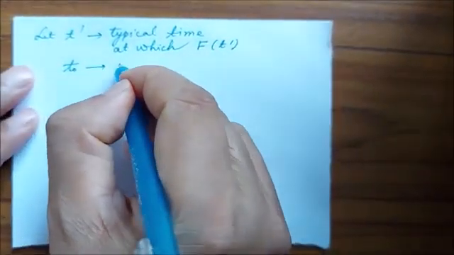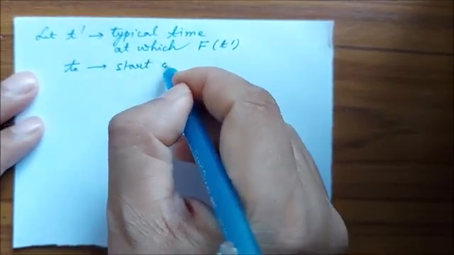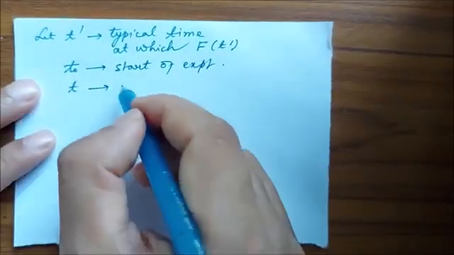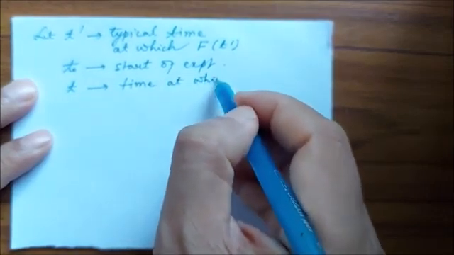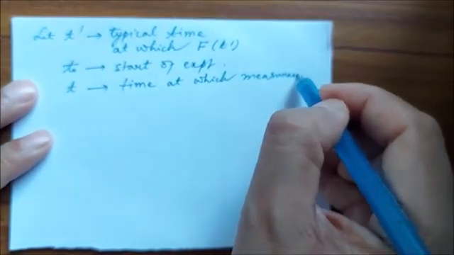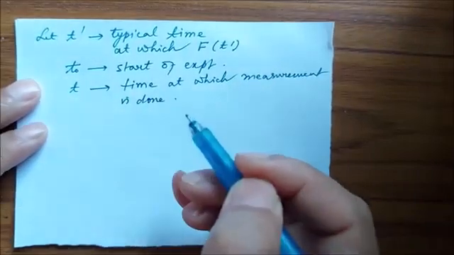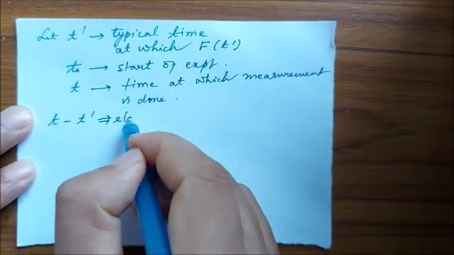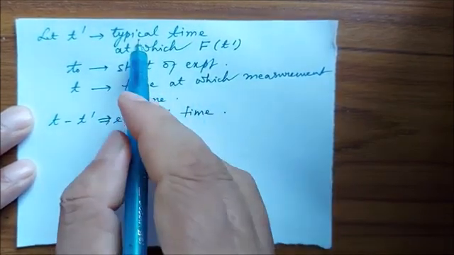T0 is the start of the experiment, and the final t is the time at which measurement is done. So t minus t prime is the elapsed time with respect to this typical time.